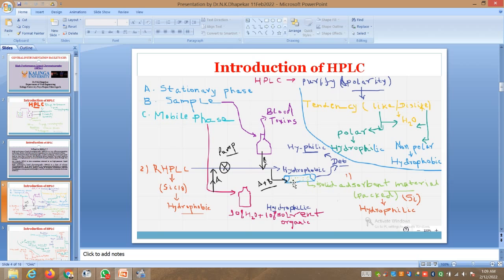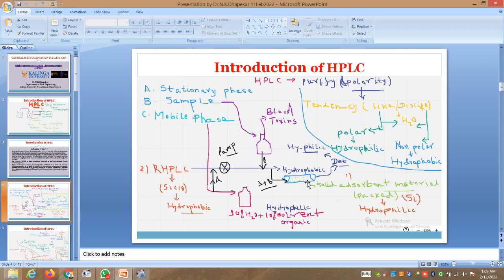See here, this is the stationary phase. In the CIF, we have an HPLC with C18 compound packed within it. But earlier, in this solid adsorbent material packed in the stationary phase, silica was most widely used.